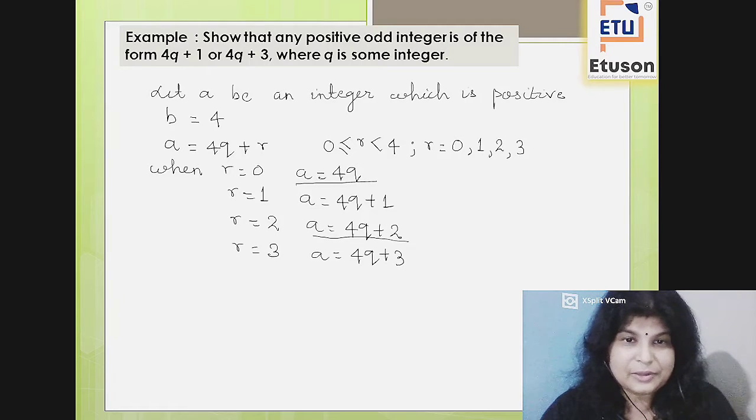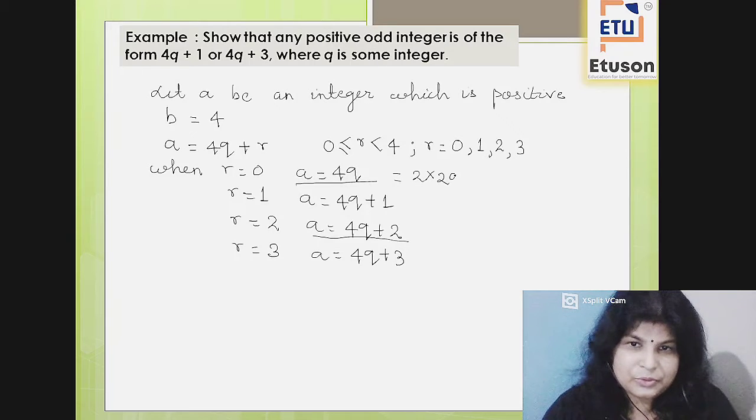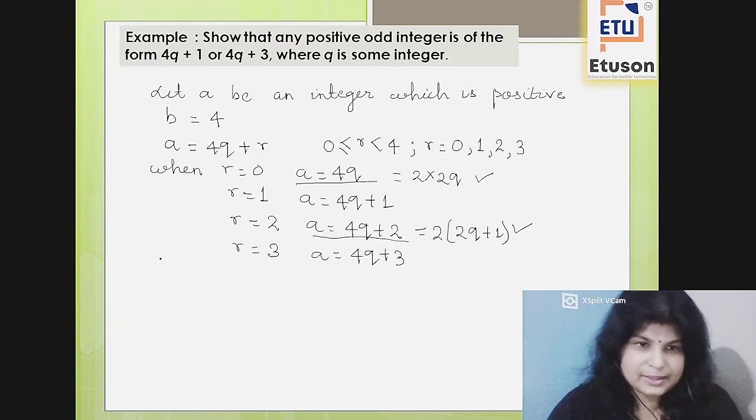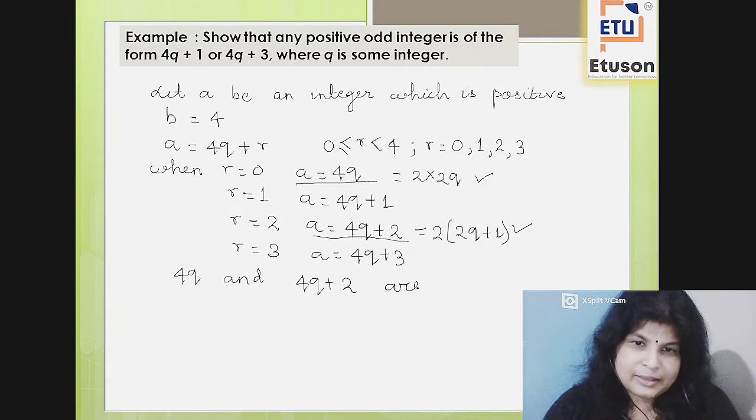It's a factor of 2 because you can write it as 2 into 2q, and here you can write it as 2 into 2q plus 1. So what does it indicate? That means these two numbers, that is 4q and 4q plus 2, are even integers.